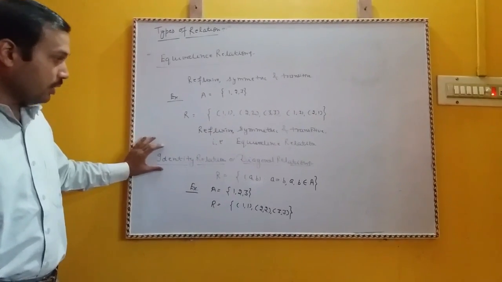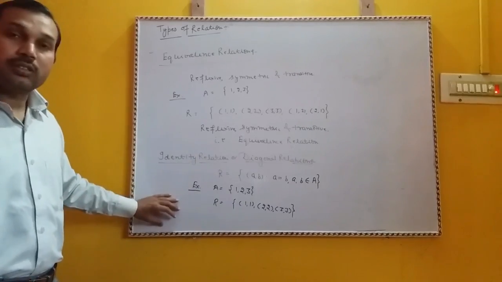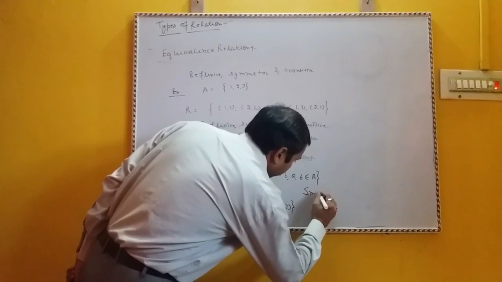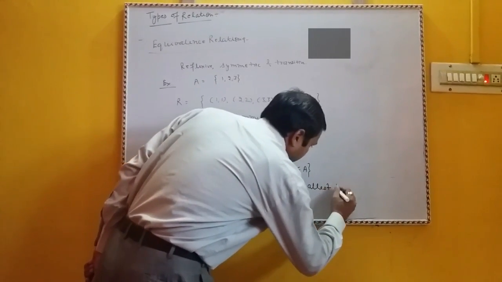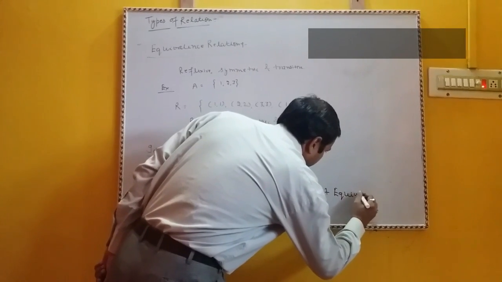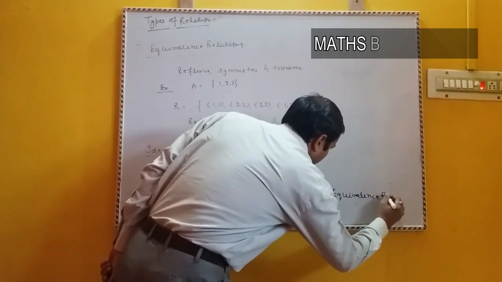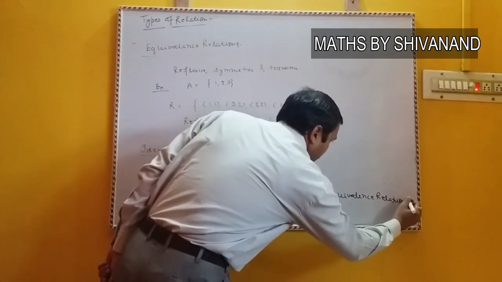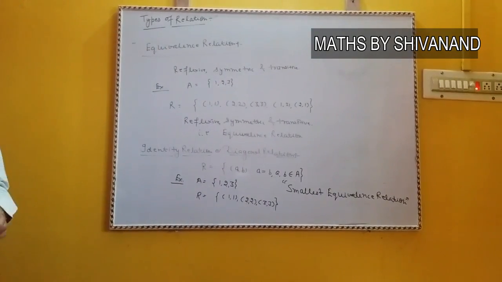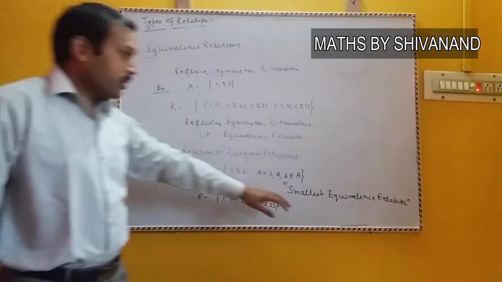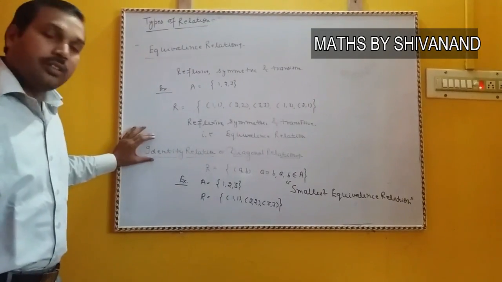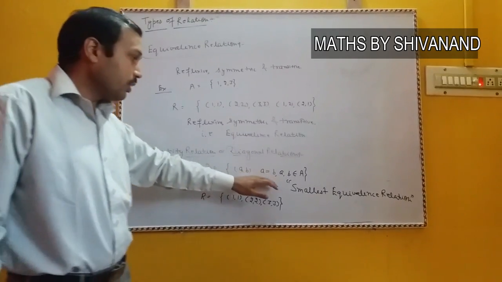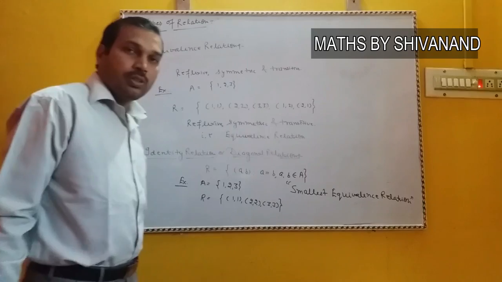An important property of this identity or diagonal relation is that this relation is an equivalence relation, or more precisely the smallest equivalence relation. So whenever you are asked for the smallest equivalence relation on a set A, it is the identity relation, or in other words the diagonal relation, defined as R = {(a, b) such that a = b for every a, b belonging to A}.